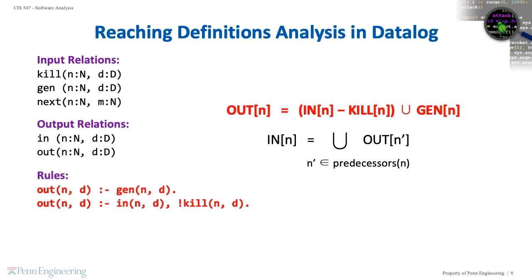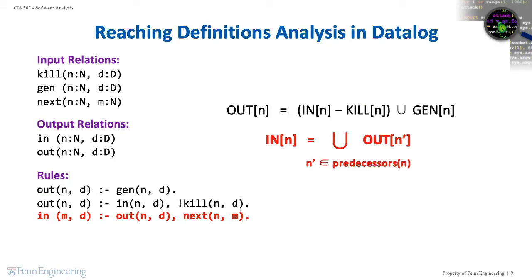We use two separate rules to reflect the union of in of n minus kill of n with gen of n. And we use the exclamation character to mean the relation kill(n, d) does not hold. This represents the fact that in of n minus kill of n is the intersection of in of n with the complement of kill of n.